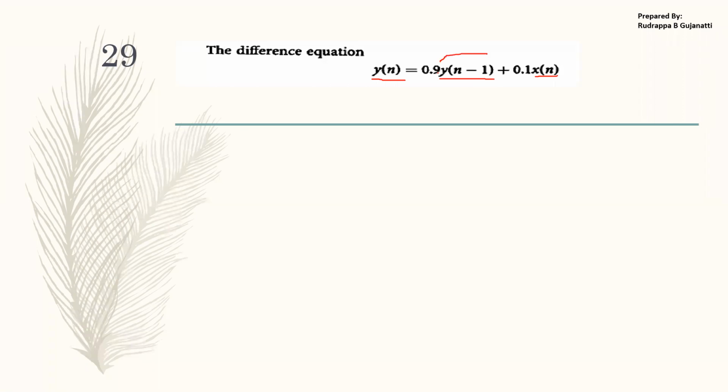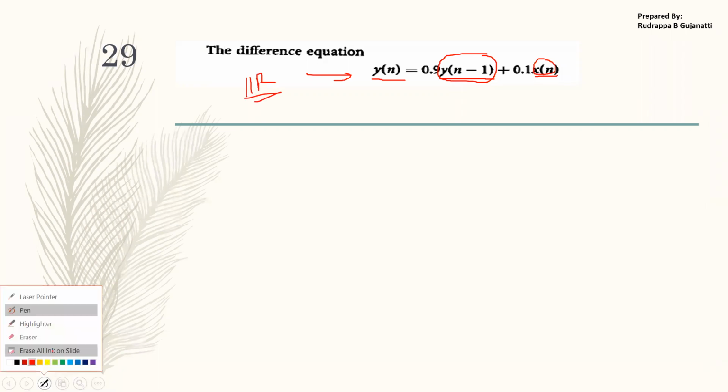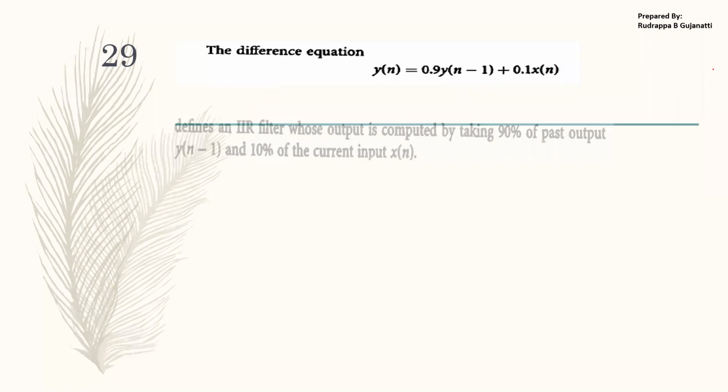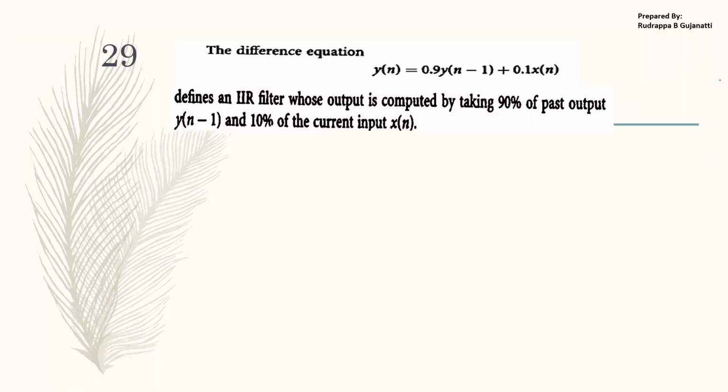Since it is dependent on past values and the present input, we can specify that I can go ahead with the IIR filter implementation. So this basically defines the IIR filter output, in which he has given 90% from the previous output and 10% from the present input. That is what he specifies in theoretical notation.